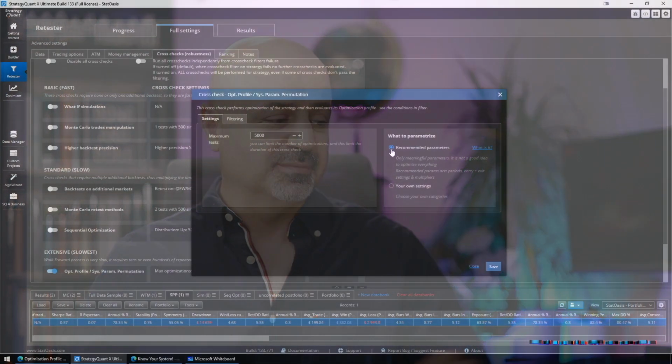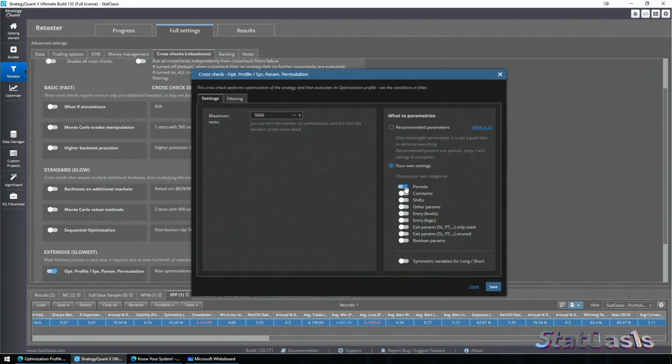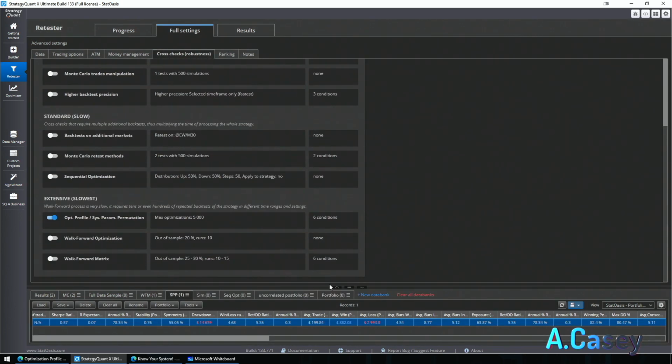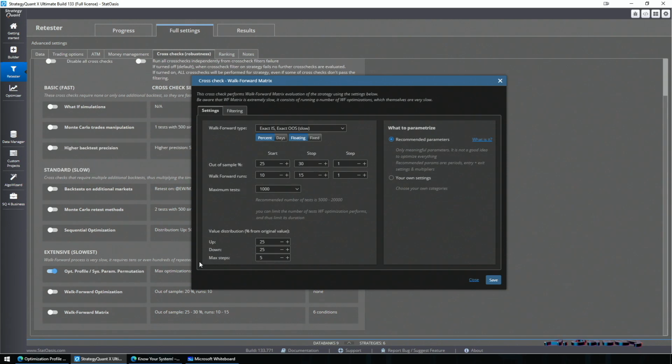And also we have some limitations in the implementation of SPP in SQX. So let me show you that. The limitation in SQX is, for example, you have recommended, but if you do your own, you can of course pick and choose the parameters, that's fine, but you cannot pick and choose the ranges. For example, if you go to walk forward optimization, you see here you can pick the distribution from the original value.